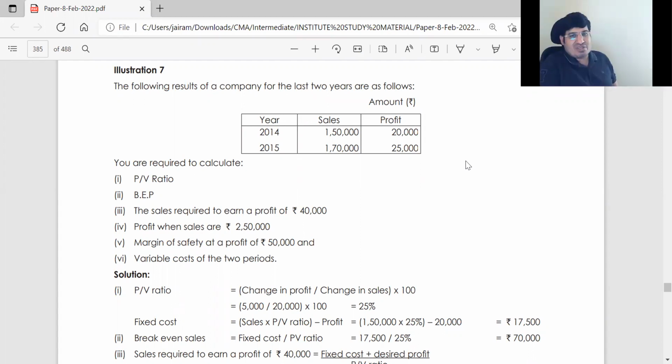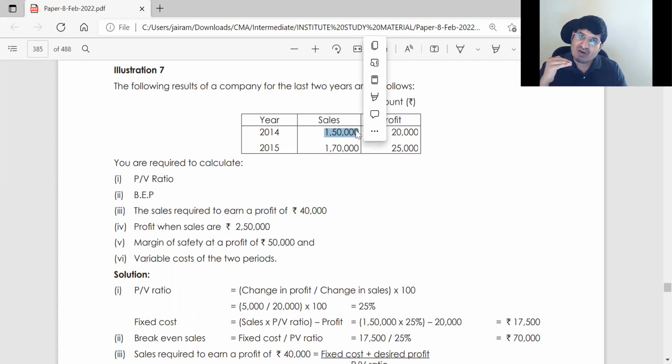So now you got PV ratio. Once we get PV ratio, as in the previous problem, we can put the entire marginal cost statement. Once we calculate PV ratio, you have sales and PV ratio, so you have contribution. Because you have contribution and profit, you have fixed cost also. So the entire marginal cost statement you can put now.